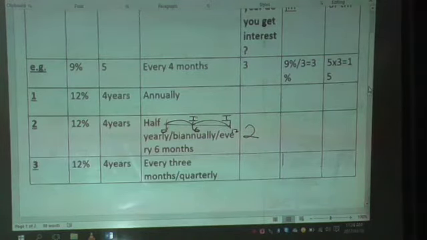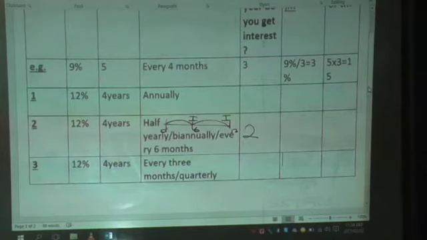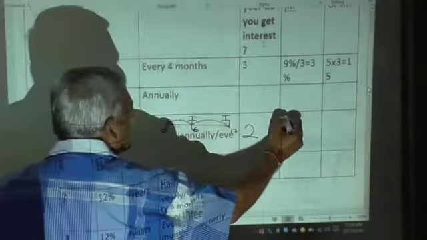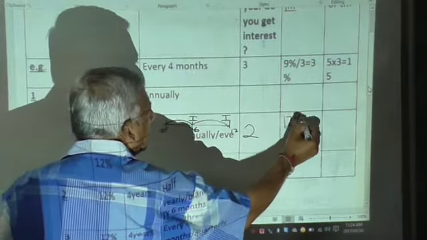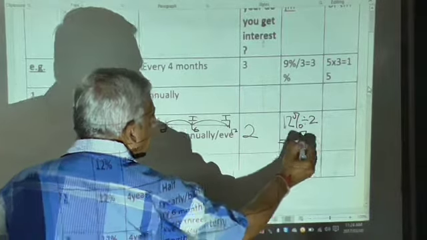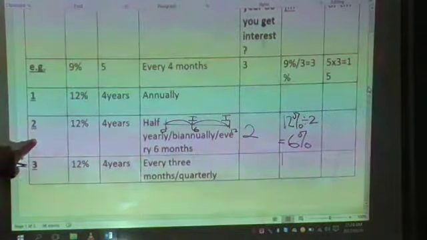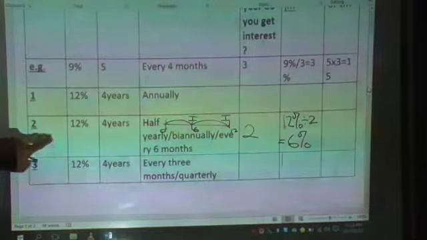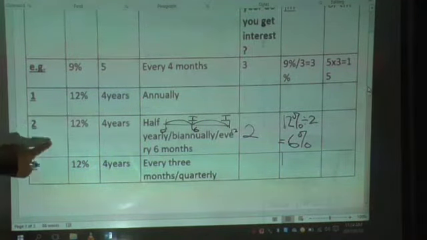Now, you take the 12% and divide by 2. Well, I'm glad you said 12%. You take the 12%, you divide by 2. Your answer is 6%. So in number 2, when you're substituting in the formula, you will use 6%.